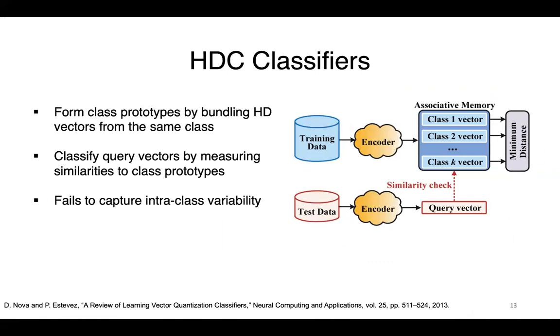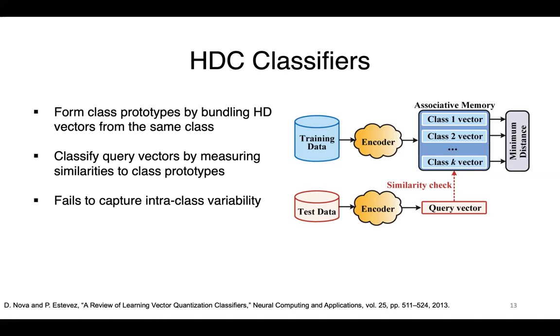So we just discussed a general way of projecting data to HD space, but then we might ask, how would we classify that projected data? A very simple way of doing so would be by using a naive HDC classifier. This HDC classifier forms class prototypes from HD vectors of the same class. This means bundling the vectors so that the class prototypes are similar to their example vectors.